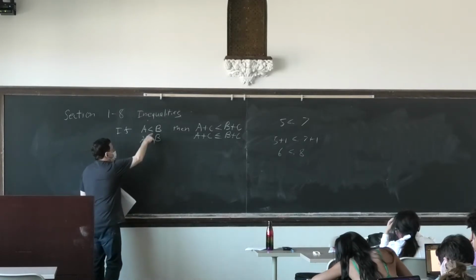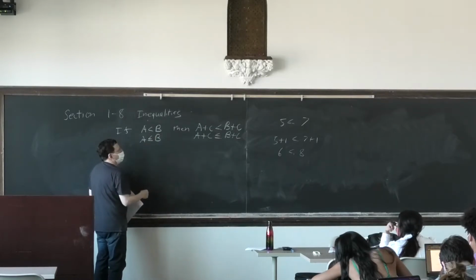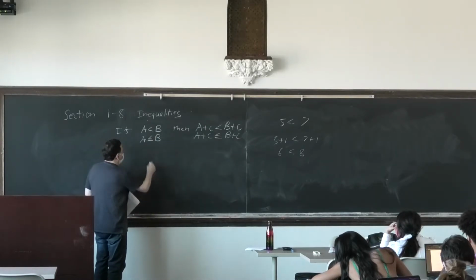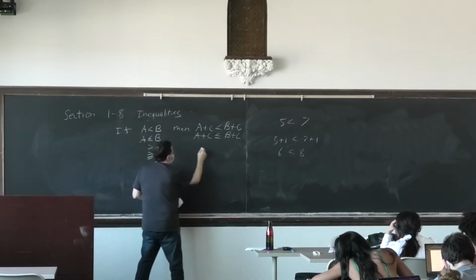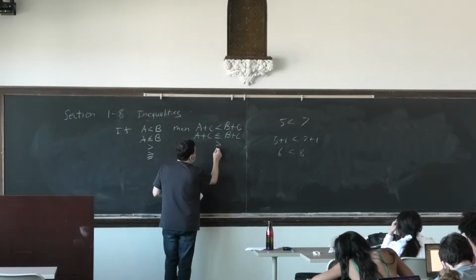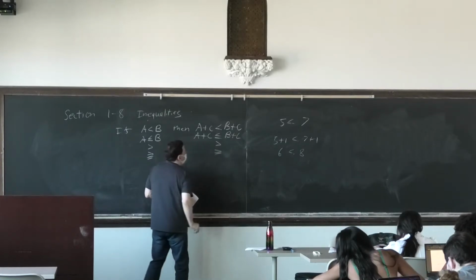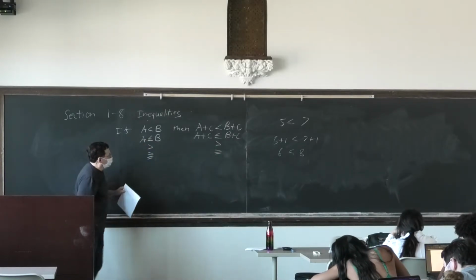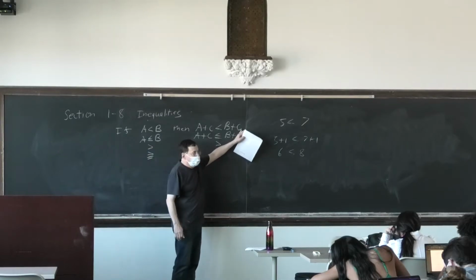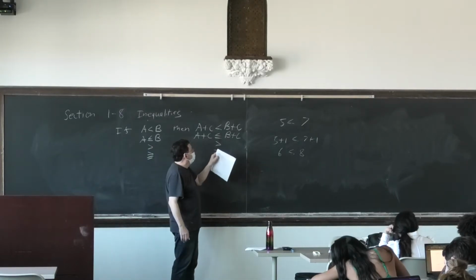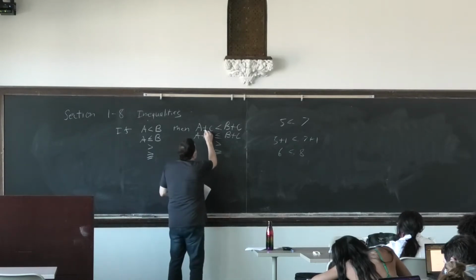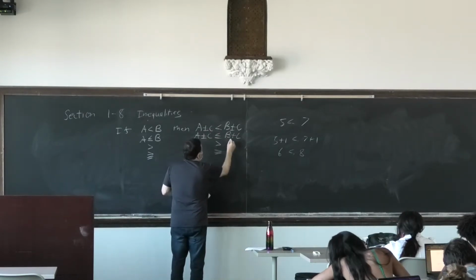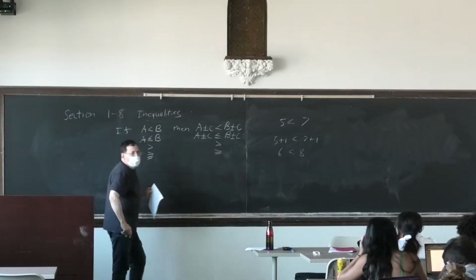And if you reverse the direction of the inequality, greater than or equal to, you get the same thing here. And since C could be the number we're adding, it could be a negative number, subtract C from both sides.